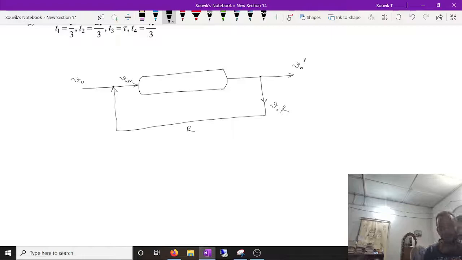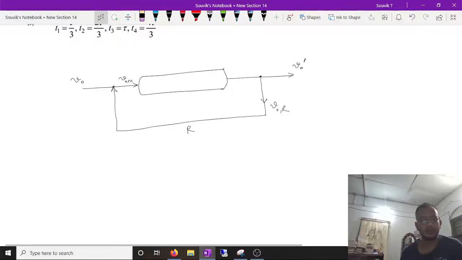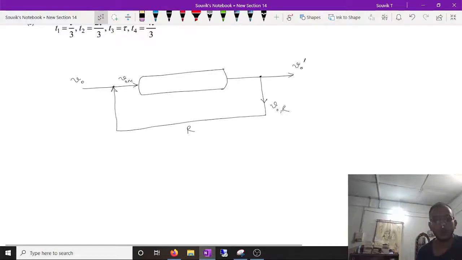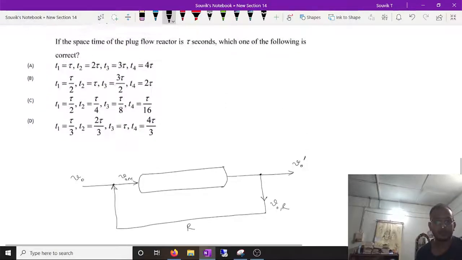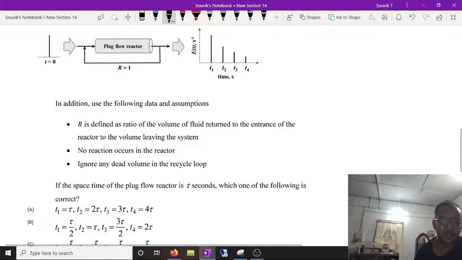Now we can look at the definition of R, which has been given in the assumption. It has been told that R is the ratio of the volume of the fluid returned to the entrance of the reactor to the volume leaving the system.